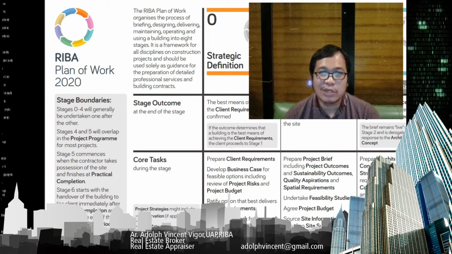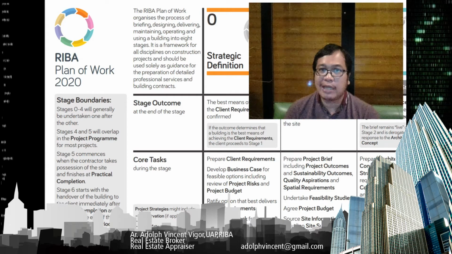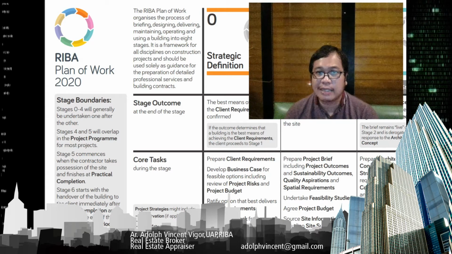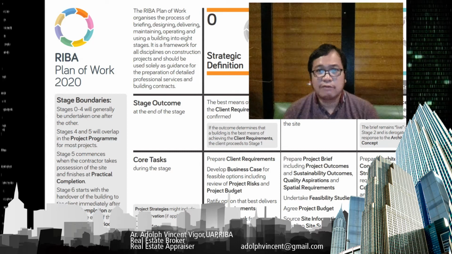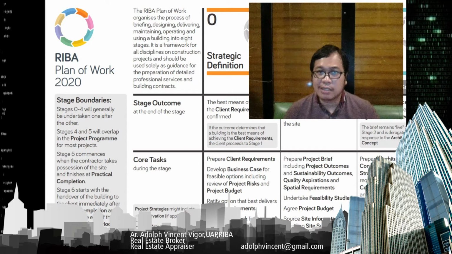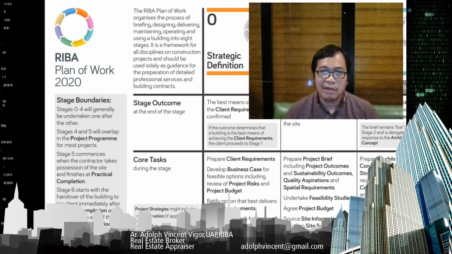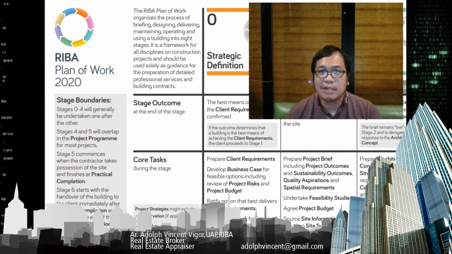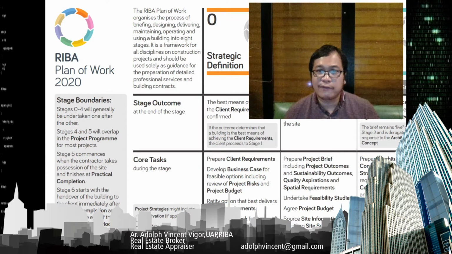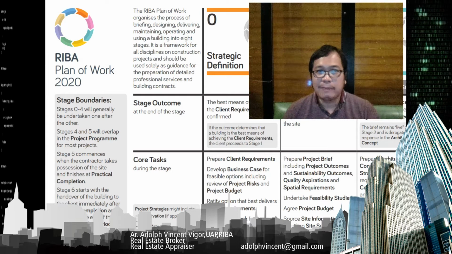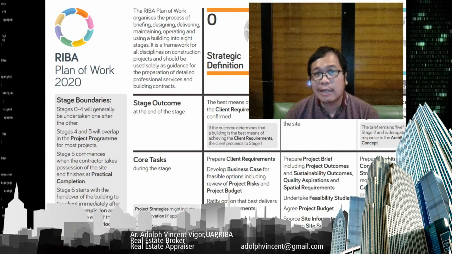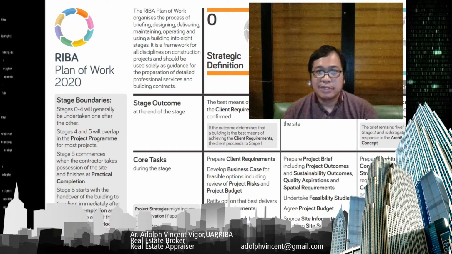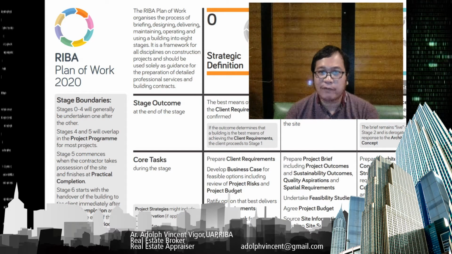What I really want to teach you in our construction management and project management subject is for you to be able to view projects in a holistic manner from the beginning up to the end. We can do that if we use the RIBA plan of work as a tool in looking at projects. There are 7 stages in the RIBA plan of work.